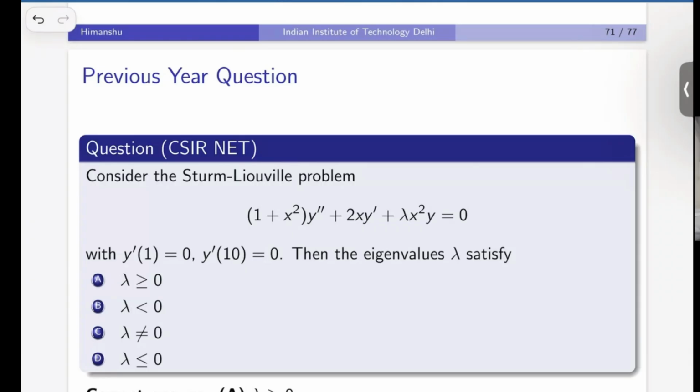Can anyone tell me how we can do that? How many of you think that we can solve this question? If yes, then what is your approach?